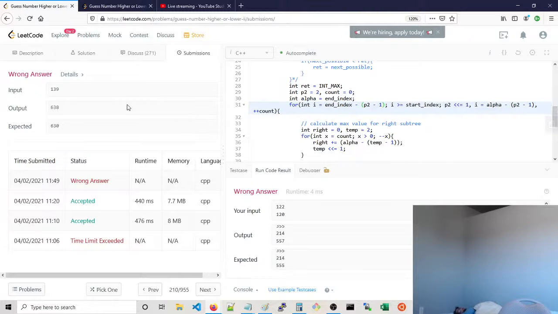Let me think about this. We can try to calculate for that particular value what the correct answer would look like, and see how that relates back to the algorithm that we're considering.